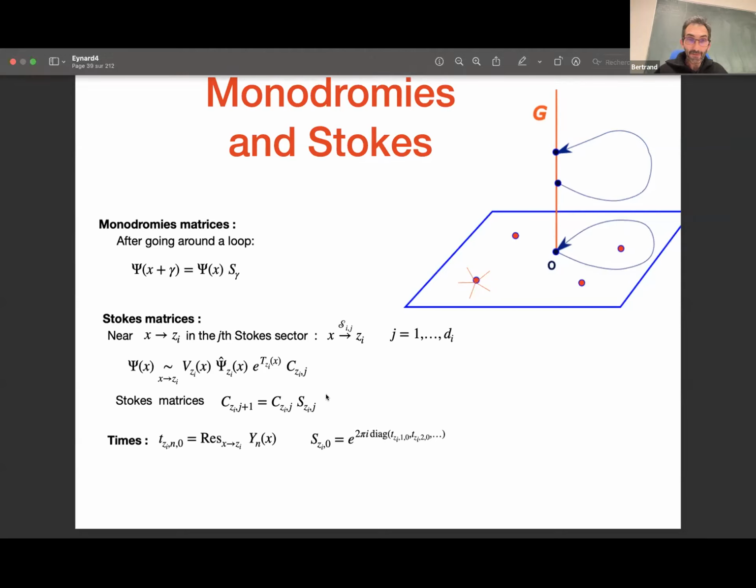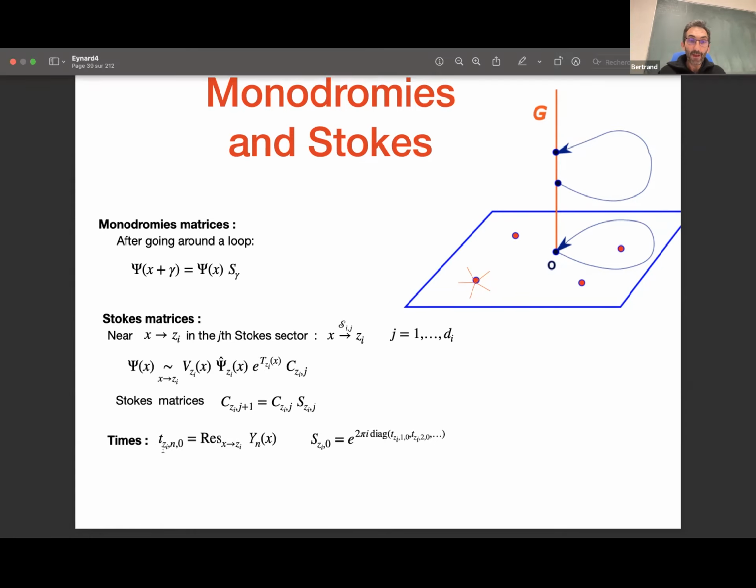So there is another type of monodromy. It's related to this T0, because remember, the matrix T here has a logarithmic term, and this logarithmic term was related to the residue of y. Because there is a logarithm, when x goes around the loop, the logarithm takes a phase 2 pi i.